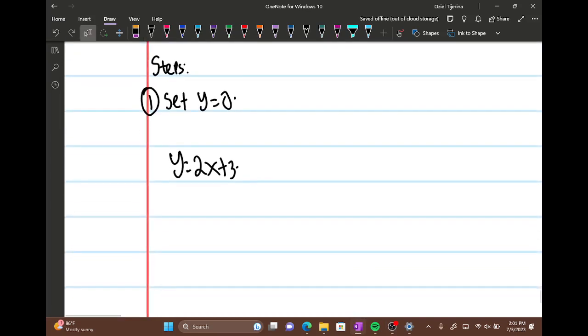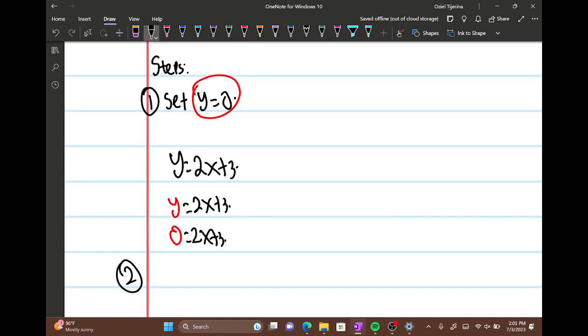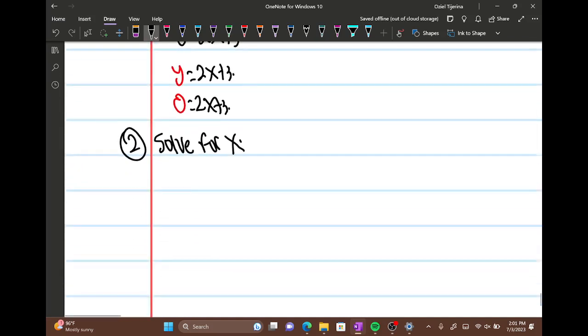So I have y equals 2x plus 3. I'm going to set y equal to 0. So 0 is equal to 2x plus 3. My next step is to solve for x, okay?